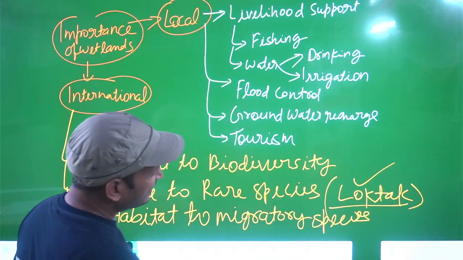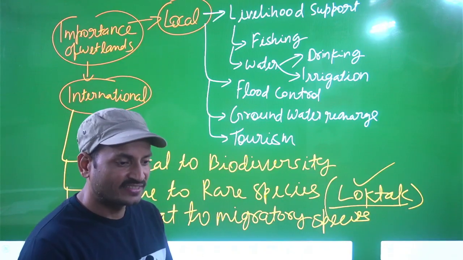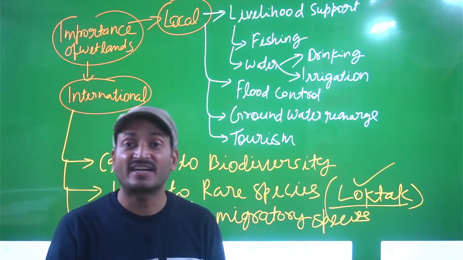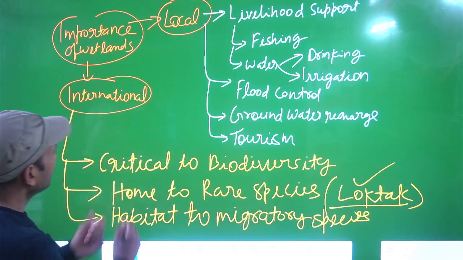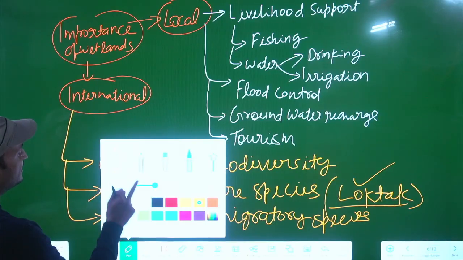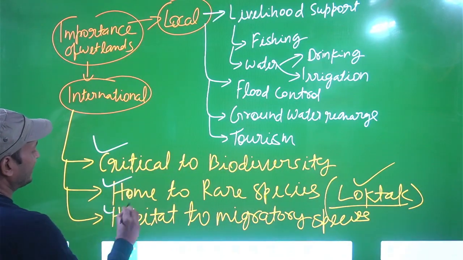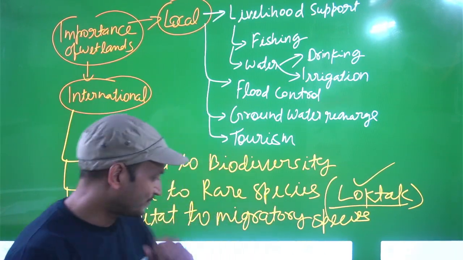For example, Koleru Lake of Andhra Pradesh is used by millions of migratory birds each year. So that's how we see that these are the basic importances of a wetland that could be of international importance.